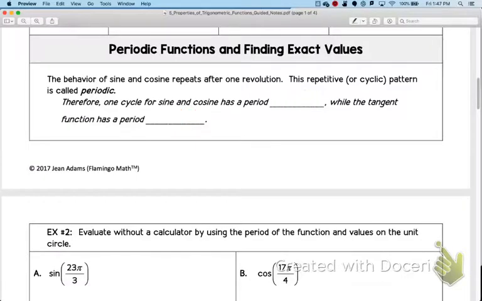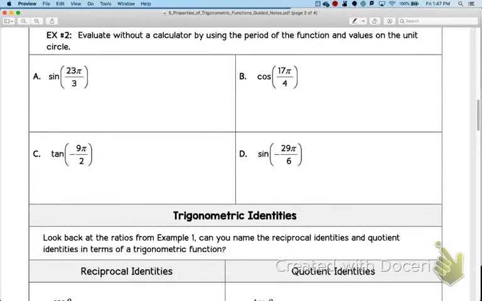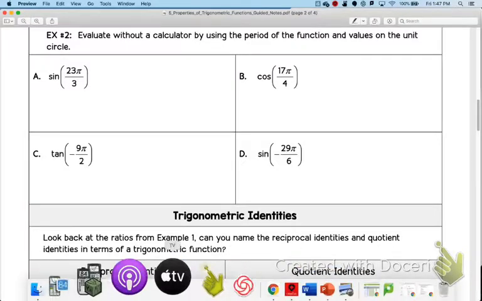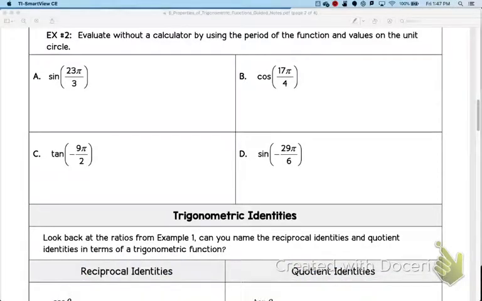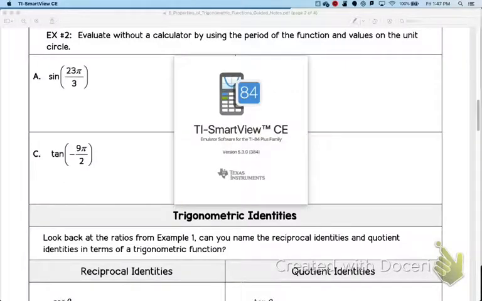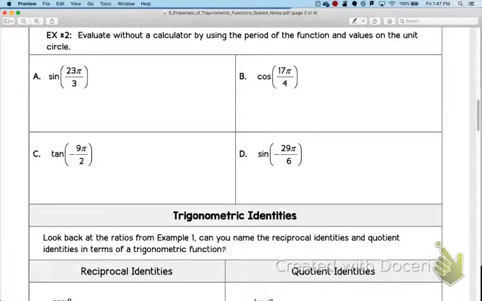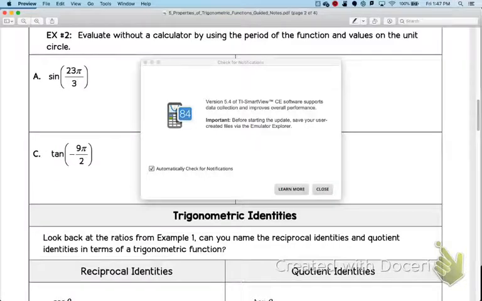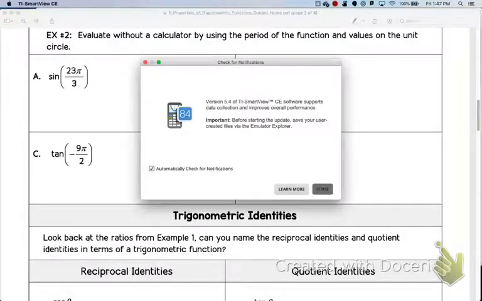So if we use that concept to evaluate the following trig functions without calculators, think of them as being periodic. So the sine of 23/3 pi. If I keep on doing coterminal angles, subtracting 2 pi, subtracting 2 pi, subtracting 2 pi. I want to show you a little trick, which eliminates the math fraction button.